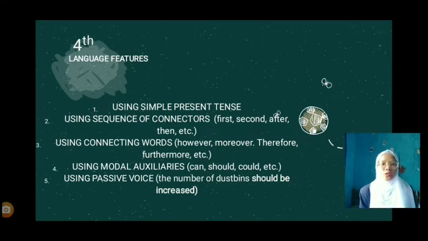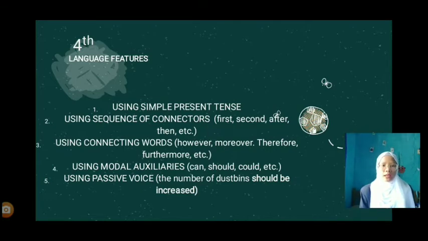And the fifth is using passive voice. For example, like the number of dustbins should be increased. So, in the sentence that I built, should be increased is the form of passive voice.